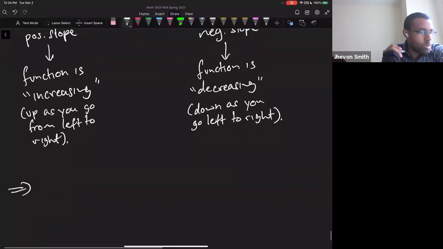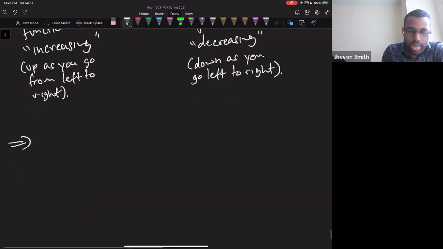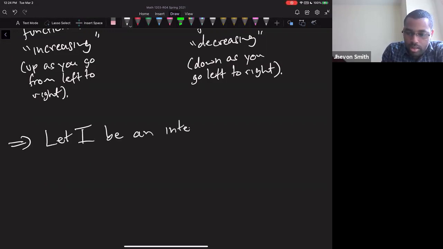And this leads to the last two facts, and then I'll let you go. Let f of x be a function and let I be an interval, then we know two things.